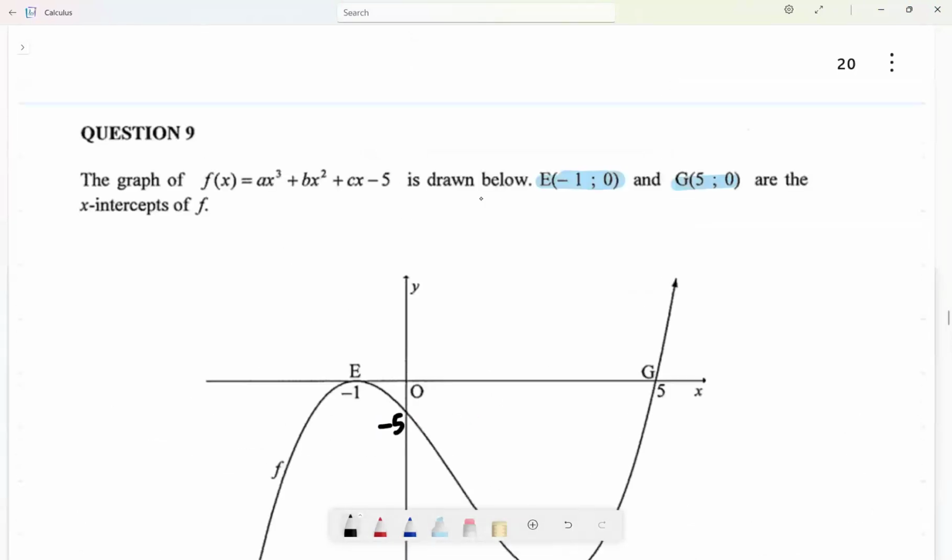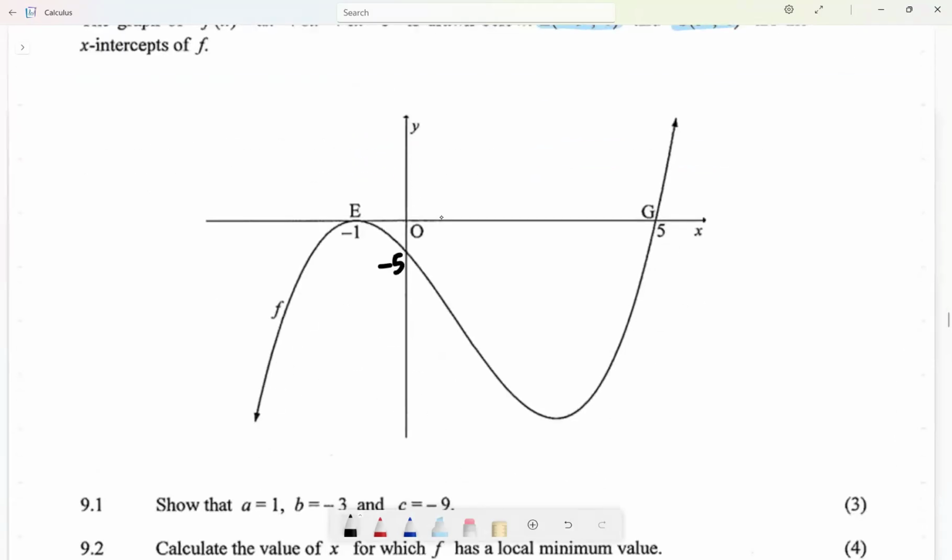So basically they are saying determine the equation of the function. How can I determine the equation? What is it that I'm given? I'm given the x-intercepts, right? But remember, if I'm having a graph like this, can you see I have one x-intercept and another x-intercept, but that other x-intercept is also acting as a turning point.